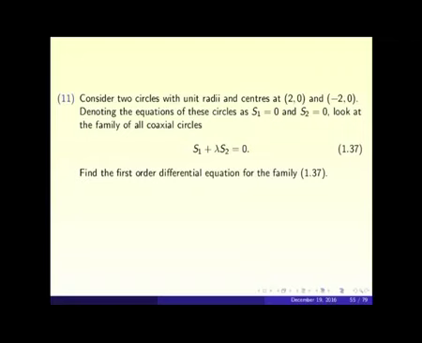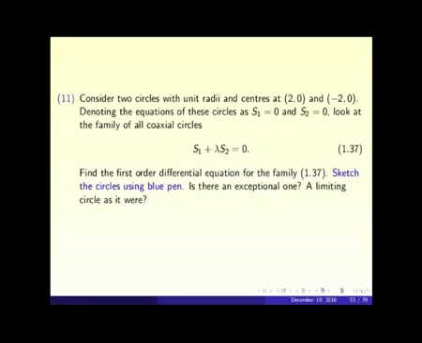And the question that has been asked is to find the first order differential equation for the family 1.37. Well, how do you do it? You take equation 1.37 and you differentiate it with respect to x. You get one more equation and you eliminate lambda between these 2 equations and you get your differential equation.